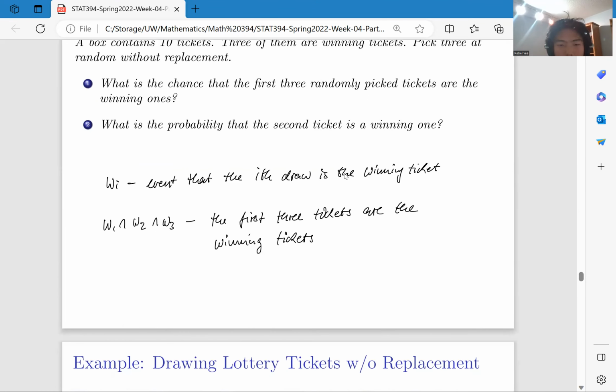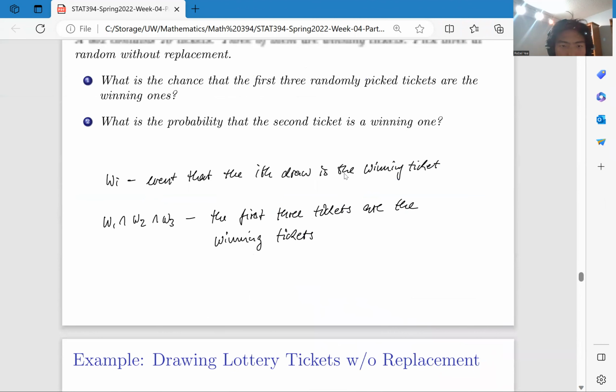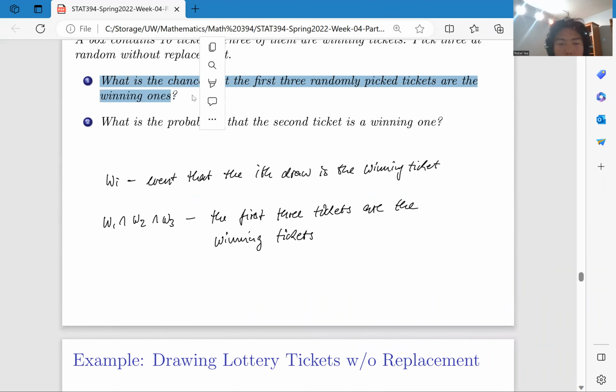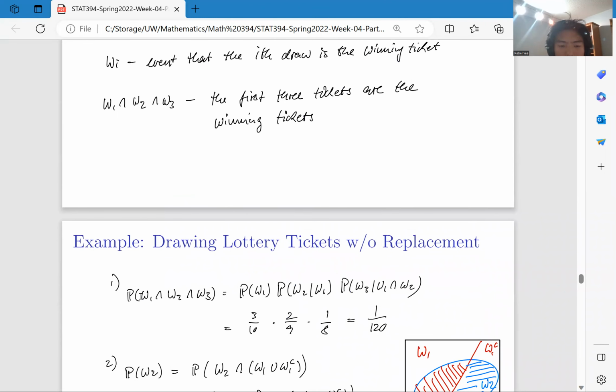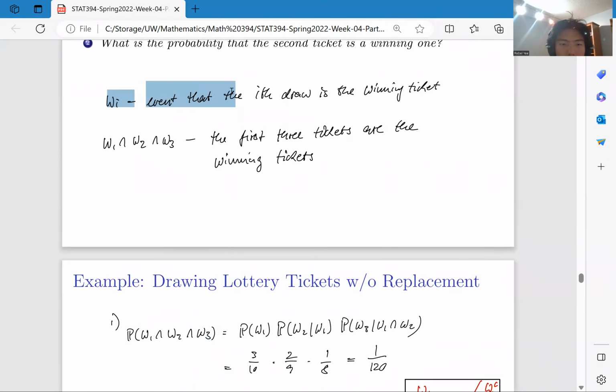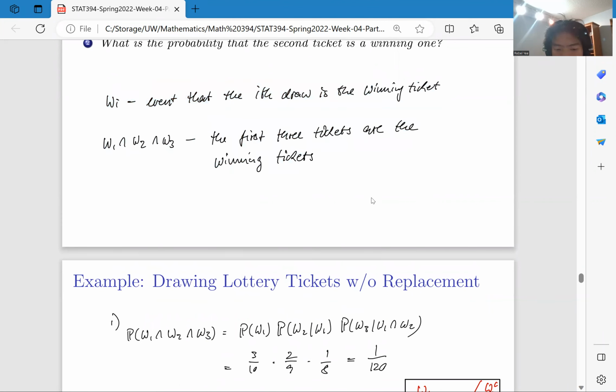So let's answer the first question. What is the chance that the first 3 randomly picked tickets are the winning ones? This gives us P(W1 intersection W2 intersection W3), where Wi is defined as the i-th draw being a winning ticket.